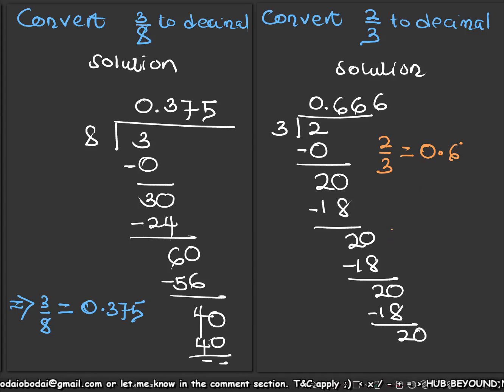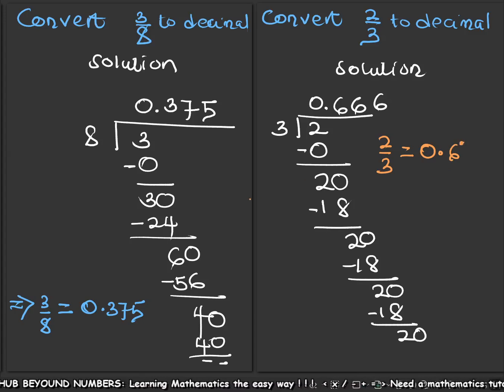You can write the 6 and then just show that it is recurring, whether for 1 digit or 2. You get it? And that means your fraction is recurring. This is not 0.6, but 0.6 with this on top.